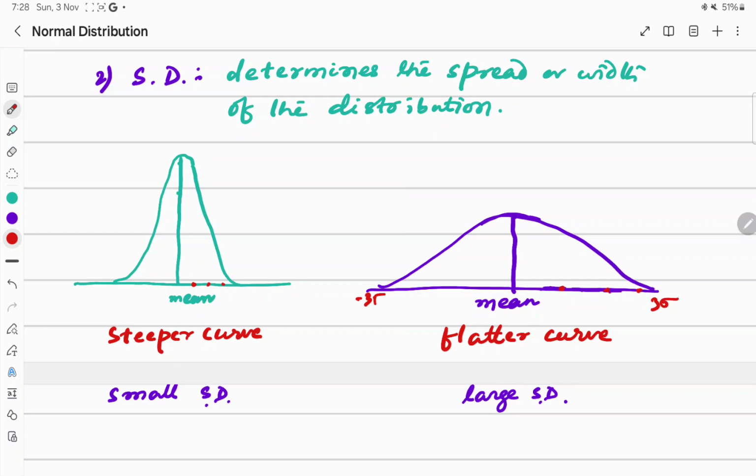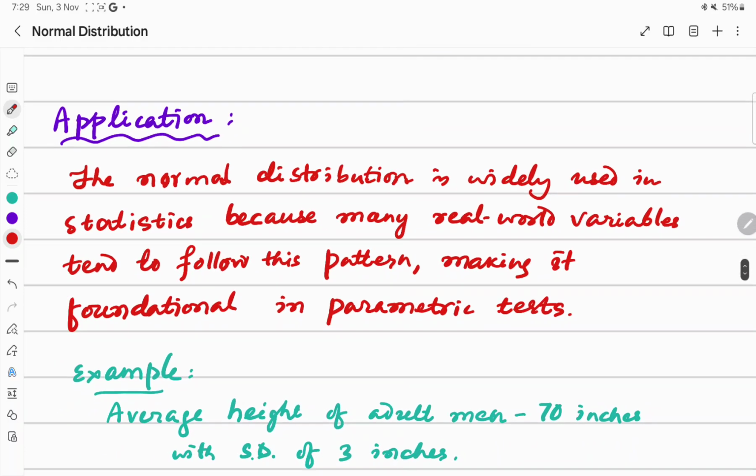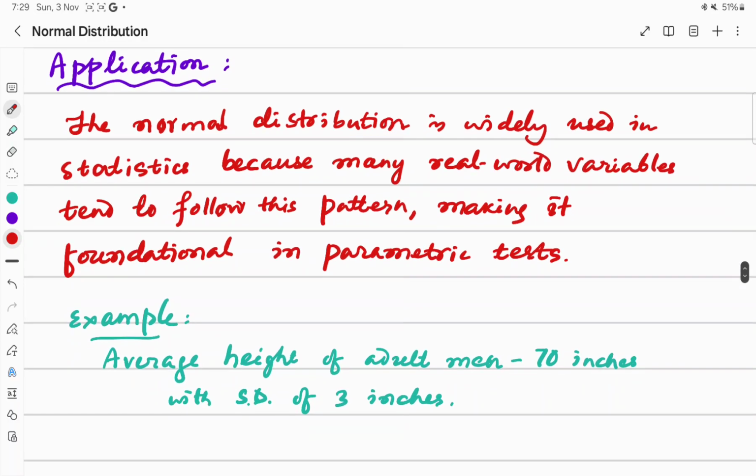So you can see here, 99.7% of data lies within three standard deviations. Here you can see this is a flatter curve and this is a steeper curve. If the standard deviation is small, then we get a steeper curve. If standard deviation is large, we get a flatter curve. As for application, the normal distribution is widely used in statistics because many real world variables tend to follow this pattern, and if it follows the normal distribution, then we can use parametric tests.